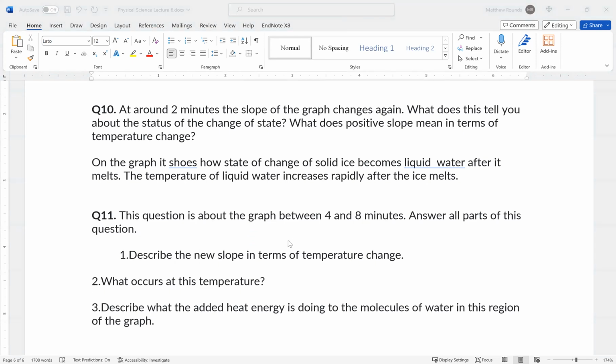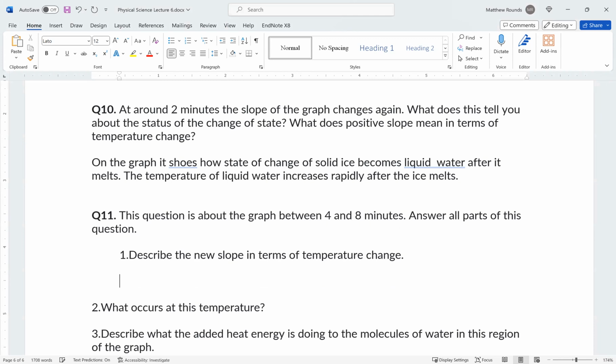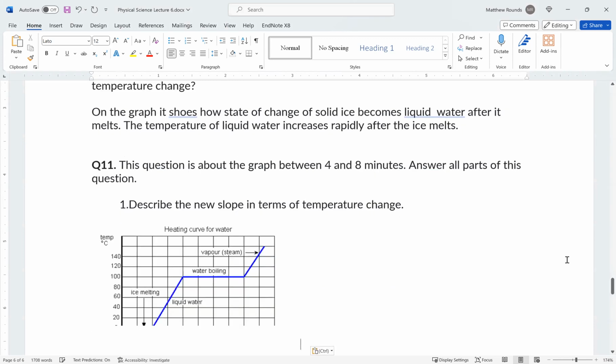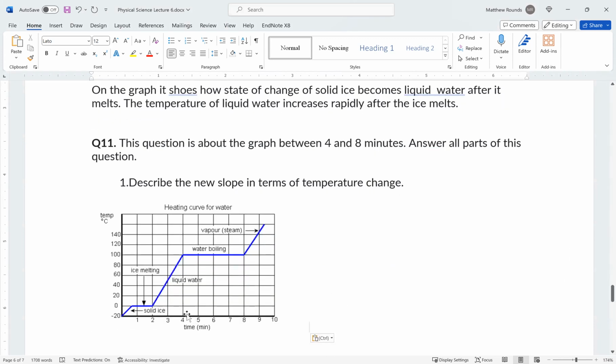This question is about the graph between 4 and 8 minutes. I feel like we've sort of already done this down here at the ice melting. How would you describe the slope from 4 minutes to 8 minutes?